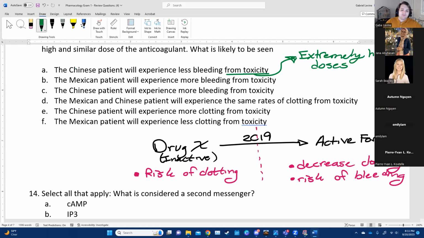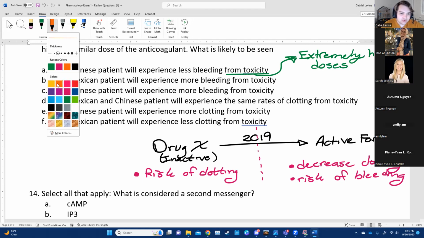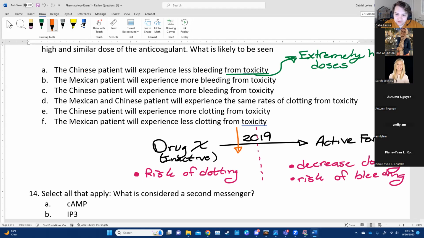So if you are a Chinese patient and you are unable to metabolize, you are unable to make the active form of the drug. If you're given an extremely high dose, are you going to have less bleeding?